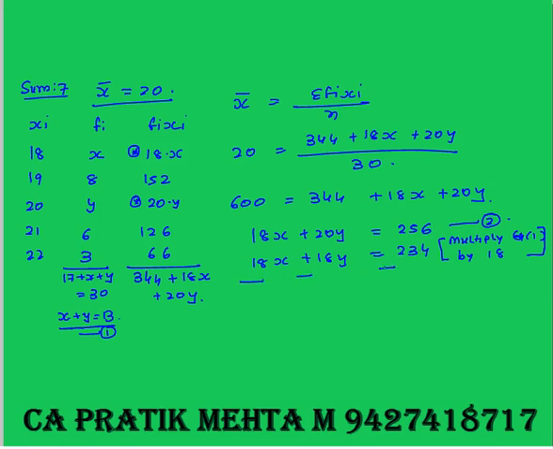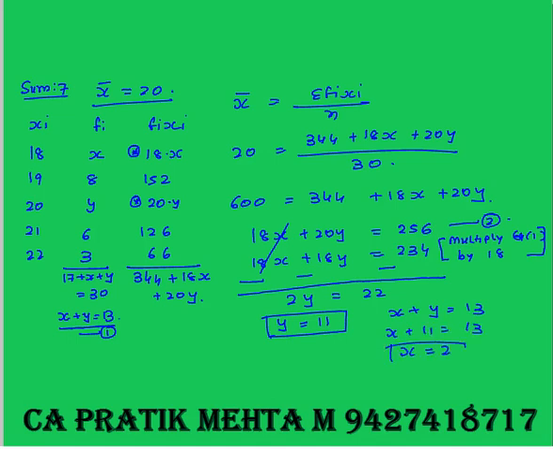Subtracting, we can cancel the 18x terms. So 2y is equal to 22. That's how y is equal to 11. Now if x plus y is equal to 13, x plus 11 is equal to 13, can we say x is equal to 2? So that is how we can find out both the missing frequencies.